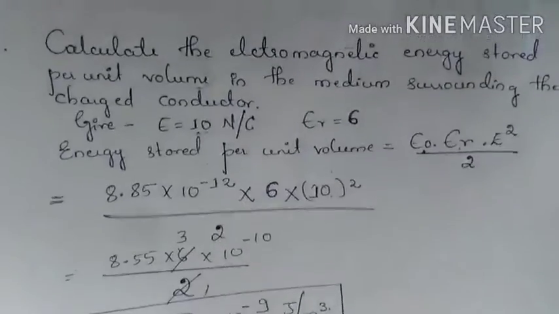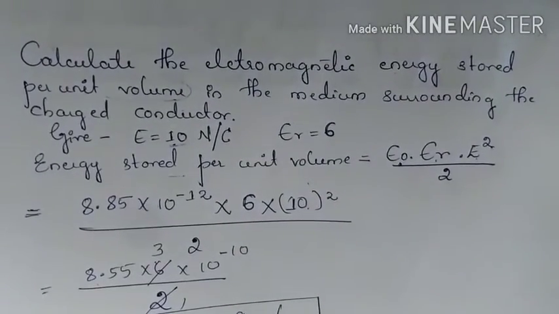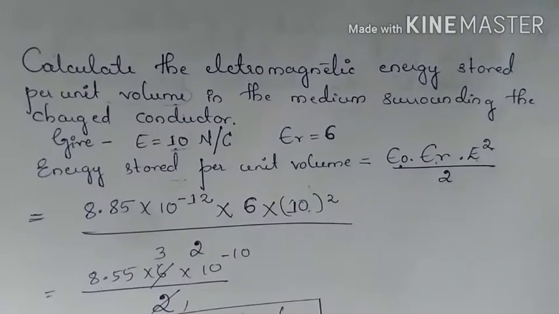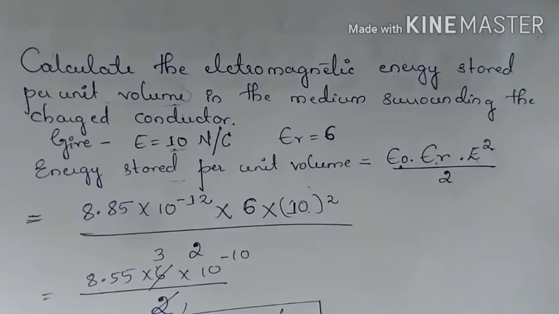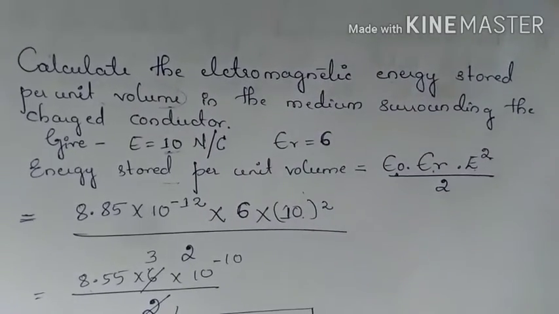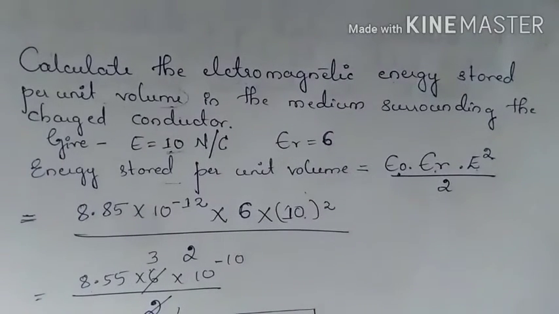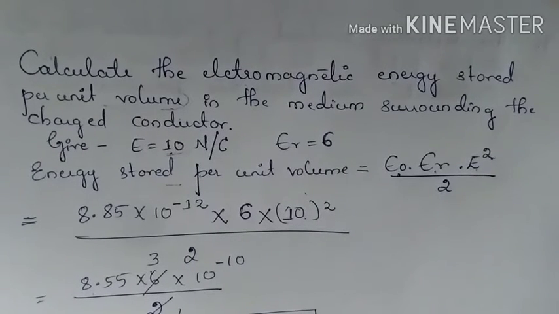So what we have done here is we have directly used the formula which we derived in our previous lectures. We derived the expression for energy stored per unit volume. So now let us use that formula to find the energy that is stored in the medium surrounding the charged conductor.